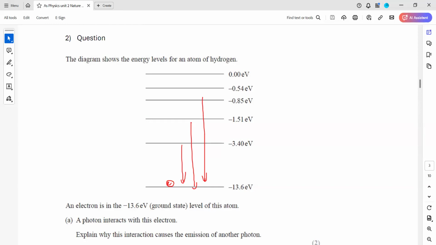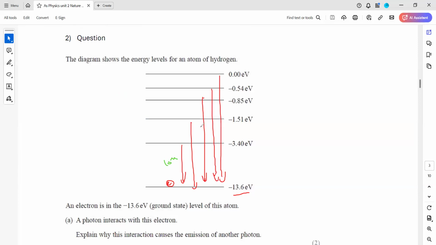So we have to check these differences to the ground state. For example, 13.6 and 3.4. So what is the difference? 13.6 minus 3.4, so this energy will be 10.2.